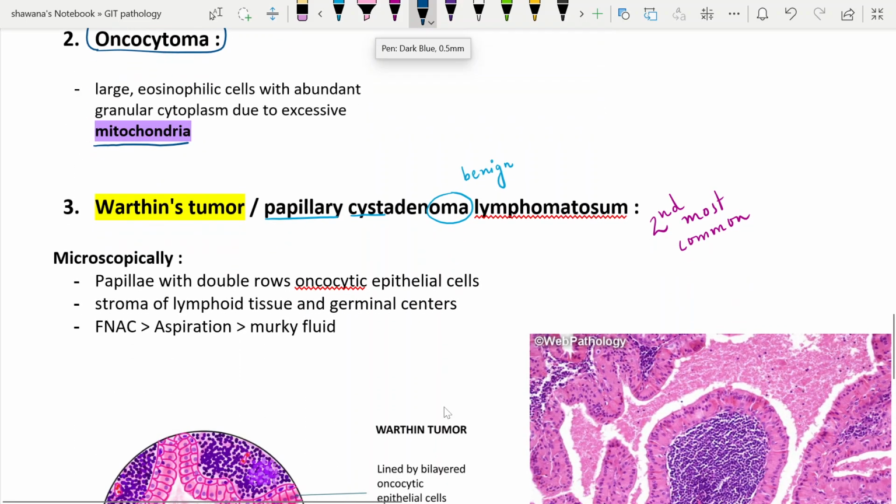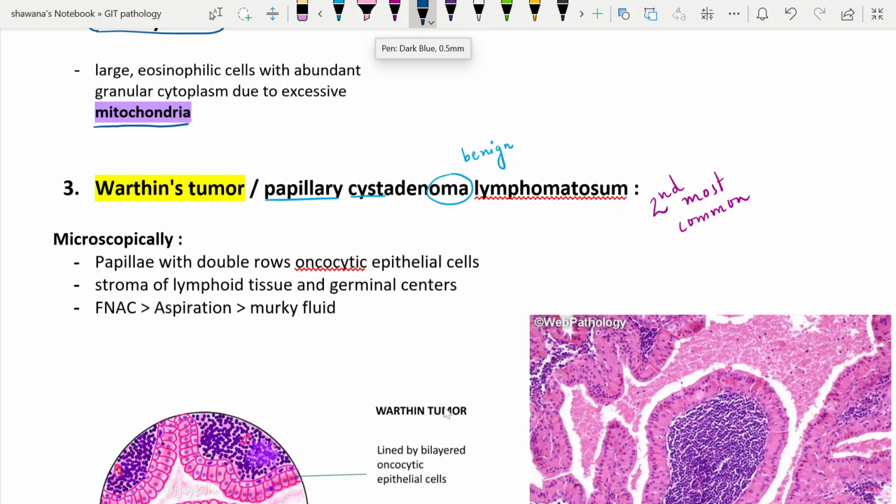Coming towards the last benign tumor, it is the Warthin's tumor. And Warthin's tumor is very important from an examination point of view because it's the most favorite question asked in the exams. Warthin's tumor is also known as papillary cystadenoma lymphomatosum. Why is it called so?